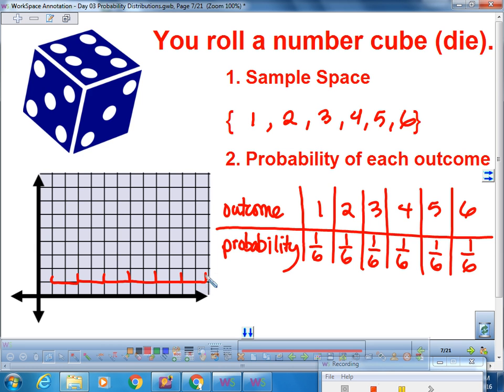A 1, a 2, a 3, a 4, a 5, and a 6. What's the probability of it happening? I can pretty much put it wherever I want it. 1/6, right there. It is so uniform, Sarah. Thanks for noticing. It's very uniform. What does it mean to be uniform? It means no change, like, saying constant.